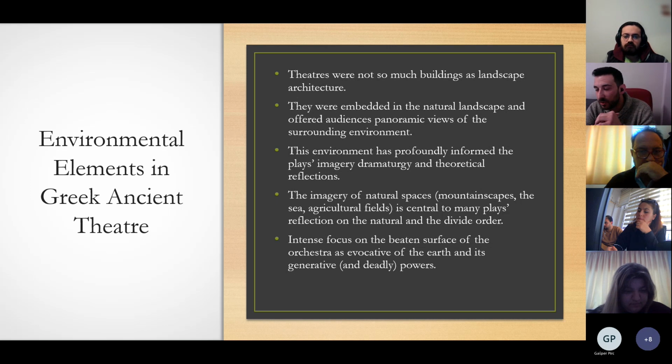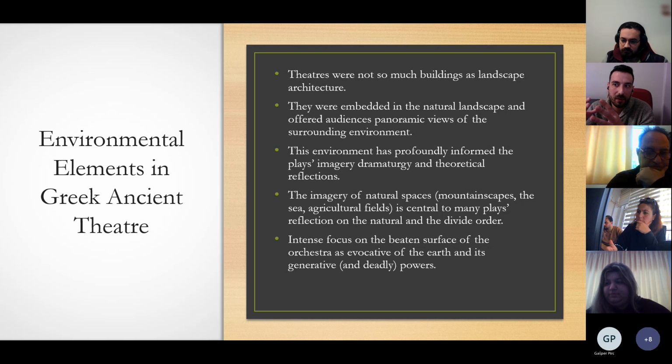Theaters were not so much buildings as landscape architecture and structures. They were embedded in the natural landscape, and they offered their audiences a panoramic view of the surrounding environment. In fact, the theatrical structure itself was part of the surrounding environment.